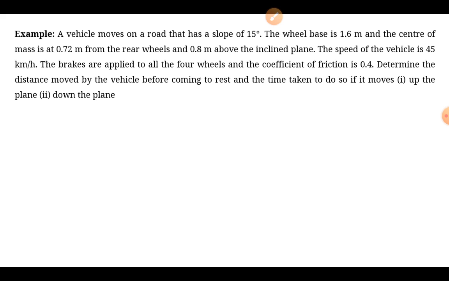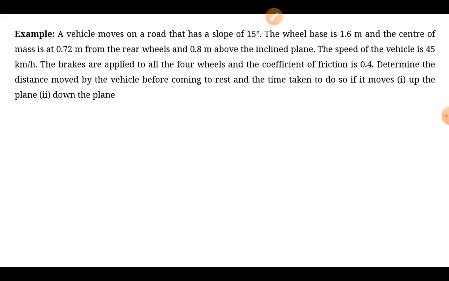Using the same equations here also, we will first see that retardation is given by this formula when it is moving uphill, right? So when it is moving uphill, put the values of every term. g is 9.81, cos 15, the value of alpha is 15 degrees, and mu is 0.4, and tan 15 degrees, right?